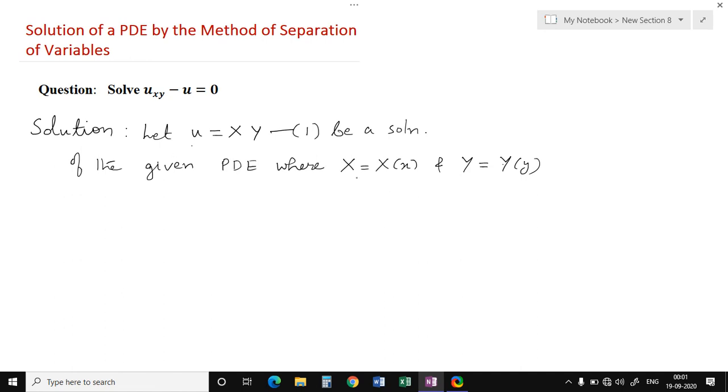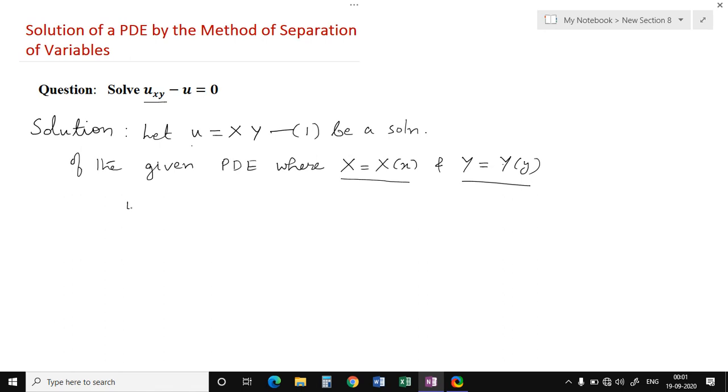Mathematically, we can write this as X equal to X of x and Y equal to Y of y. Now the next step is finding the derivatives which are present in the given question. In this case, only one partial derivative is there, that is u_xy. So we will find out u_xy and substitute that in the given question.